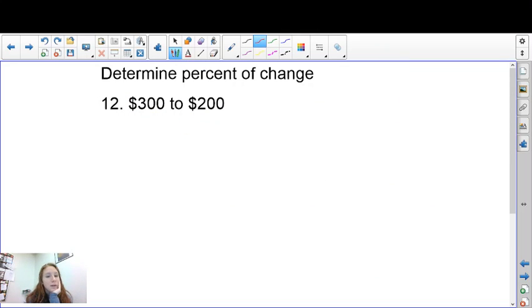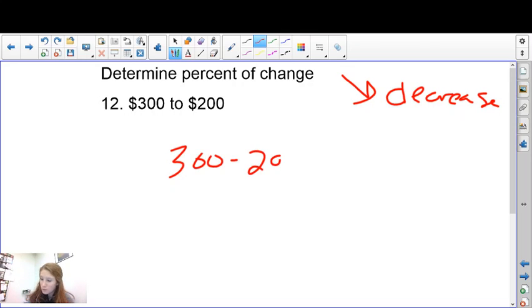11, same thing. Well, we're going from 300 to 200, so we're going down. So this is a decrease. So we can get rid of I, because that's the only one that says increase. So how am I decreasing? Well, I'm going to take 300 minus 200, which leaves me with 100.